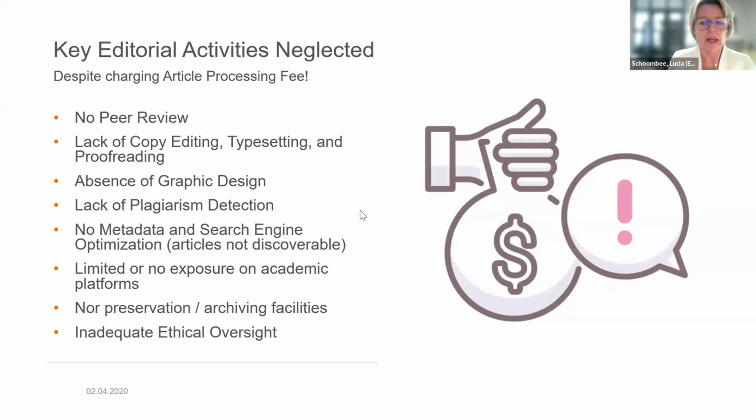So many of these activities are not easy to detect, actually. So we have to rely on other clues that may be an indication that a journal is predatory. It's very difficult because most of them say that they do peer review, but how do you check that? How do you know whether they're doing copy editing, et cetera? These are all difficult things to really check.